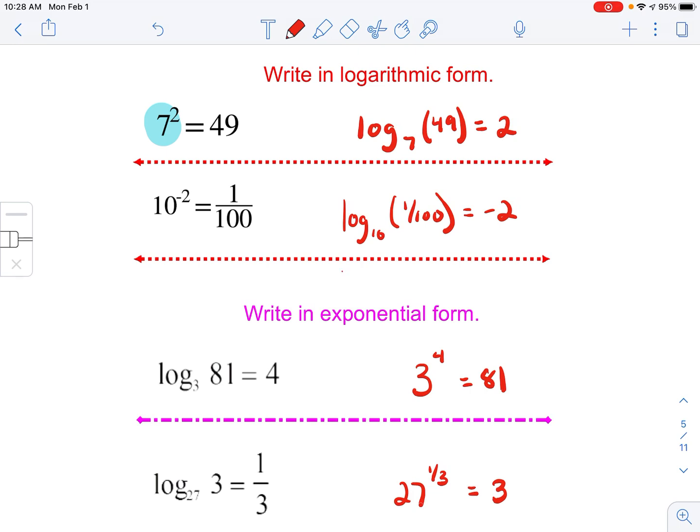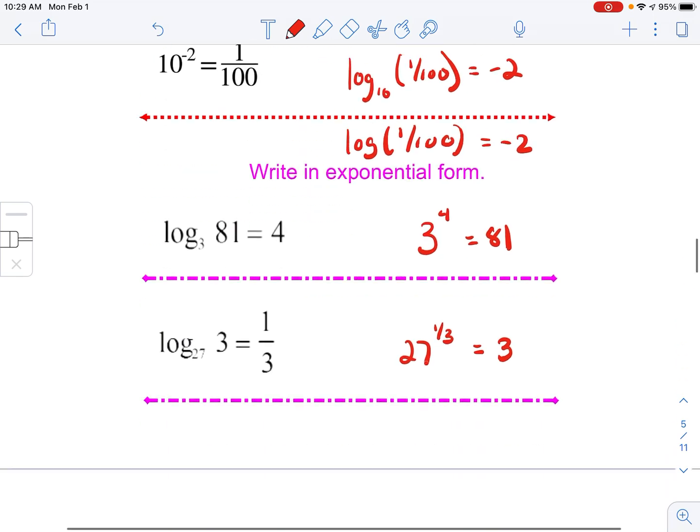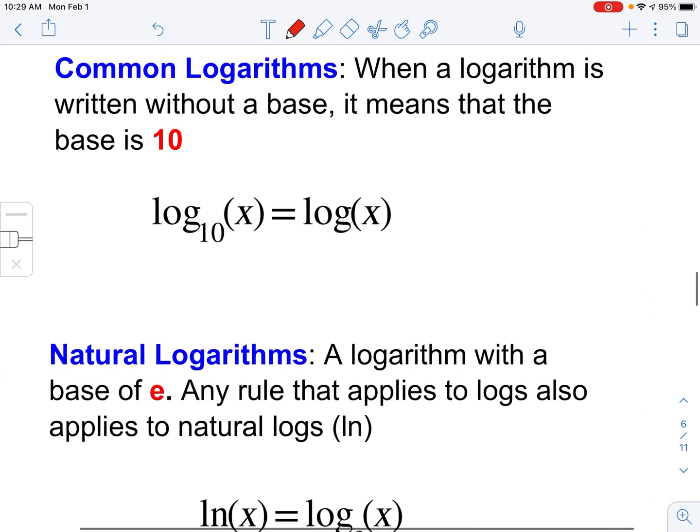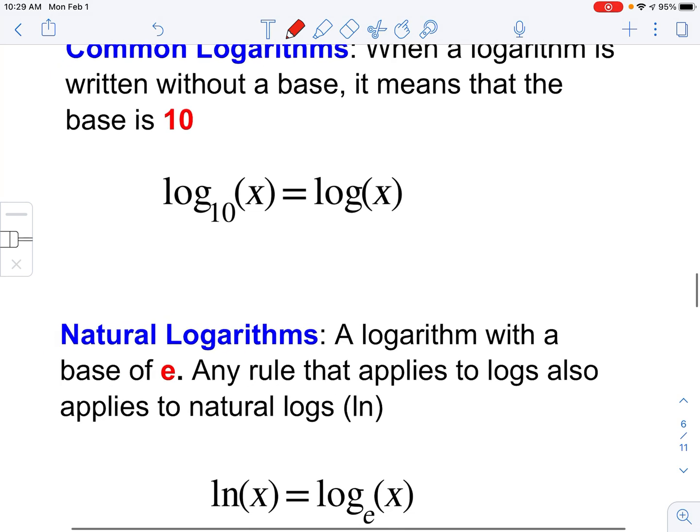We could have actually just written log of 1 over 100 is equal to negative 2 because it has a base of 10. Now, if you go to your calculator and type the log button next to the 7, then 1 over 100, you should get negative 2 popping up in your calculator. So that's one type of log that the calculator has on the front part of your screen.